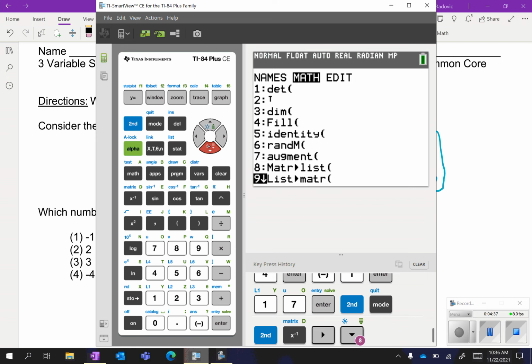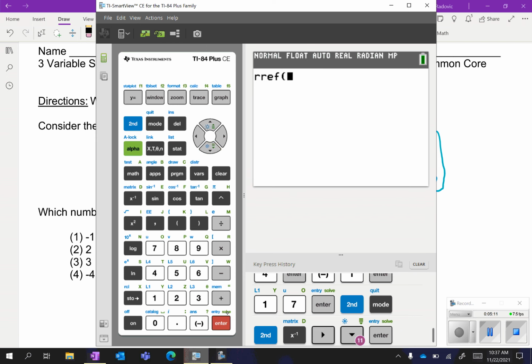And we are going to scroll down to choice B. That's going to be RREF, which stands for reduced row echelon form. Do you need to know what that means? No, but row reduction is a process that you could do algebraically by hand, but you're telling your calculator to do it for you, which is a very complicated way to say, solve the three variable system for me. Specifically choose RREF, not just REF. You want the two R's.